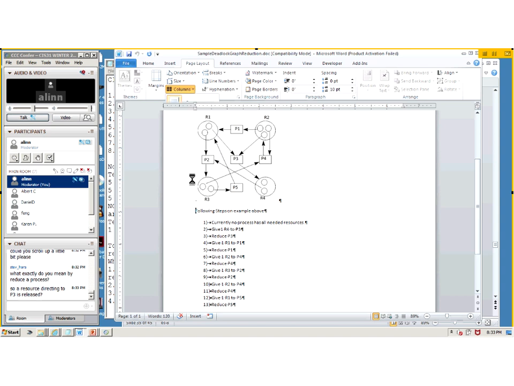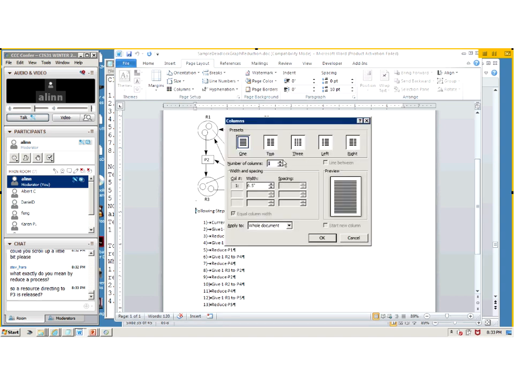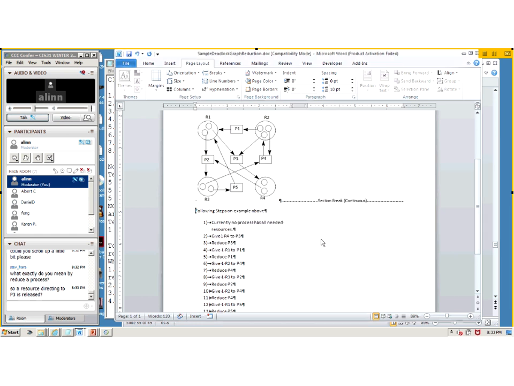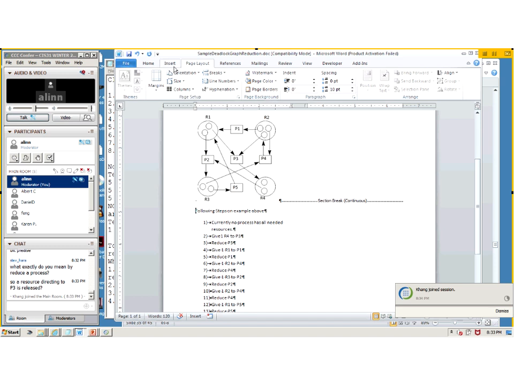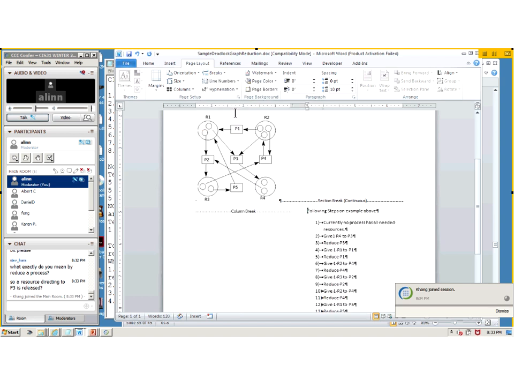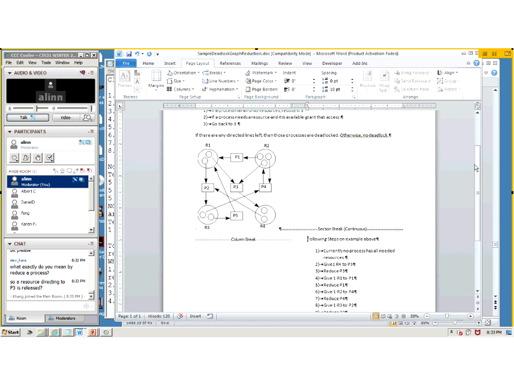Yeah, columns. Still not giving me what I wanted.